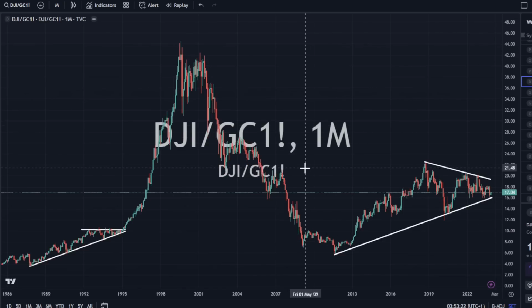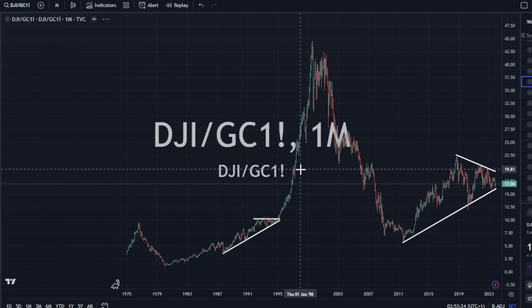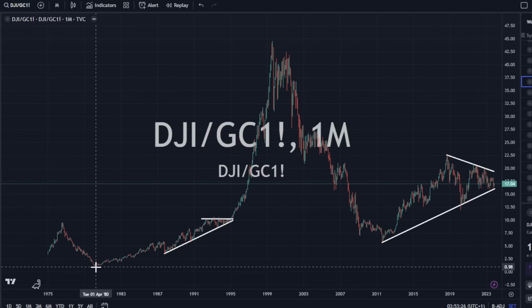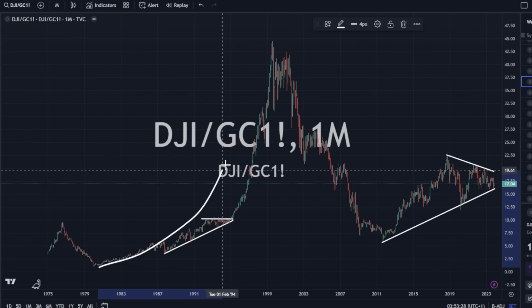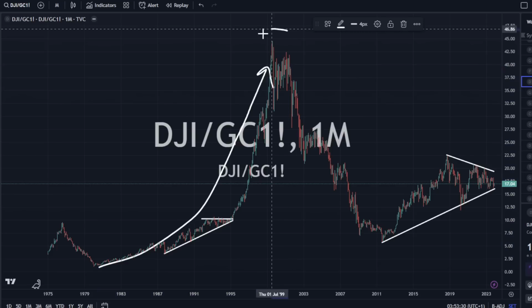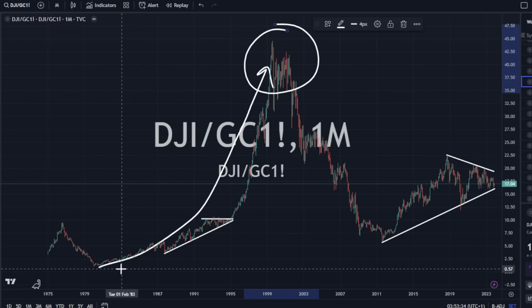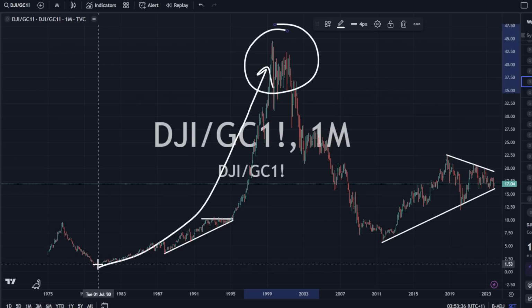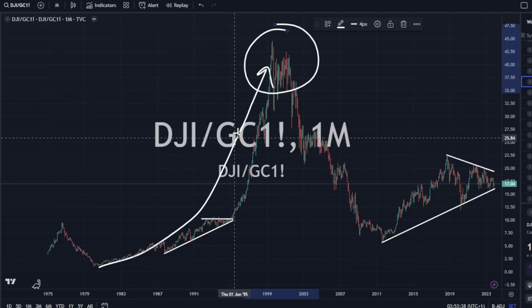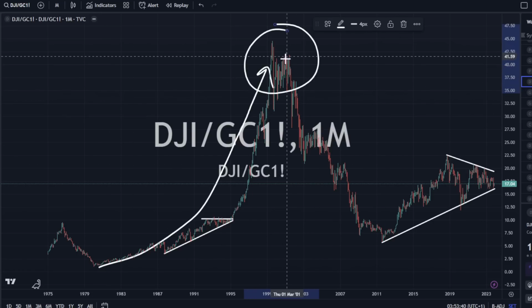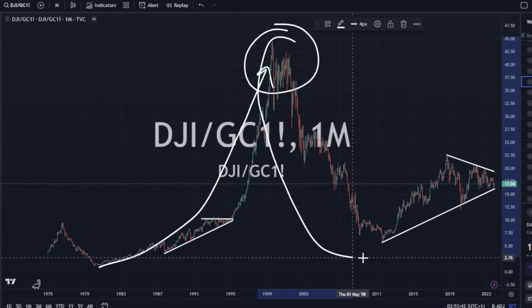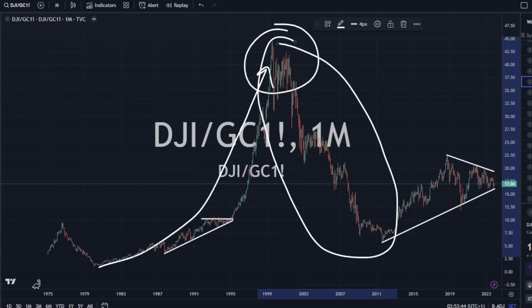Dow Jones versus gold. We had some massive moves from 1980 all the way to the peak of the dot-com bubble up here. That was a massive move where interest rates went from a very high interest rate to a very low interest rate. And we had a mini boom in commodities at that time.